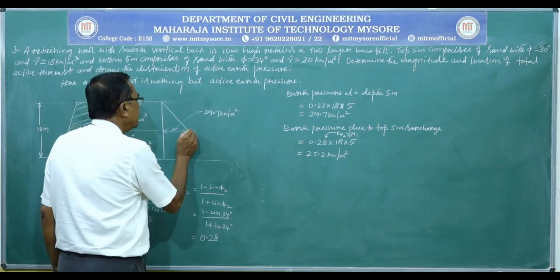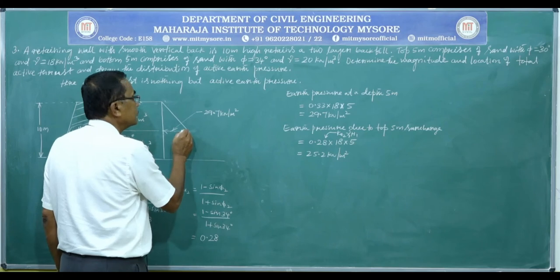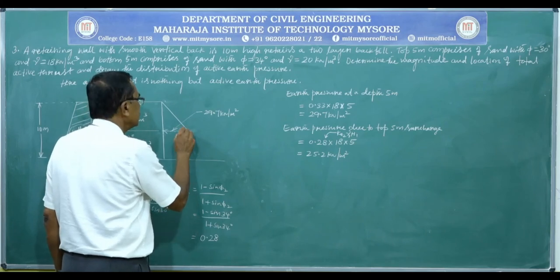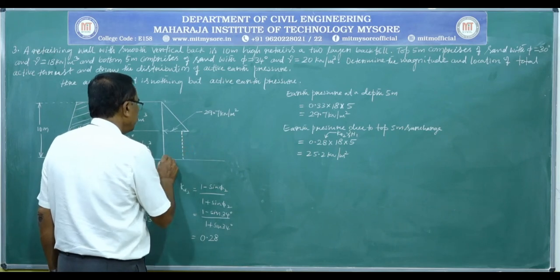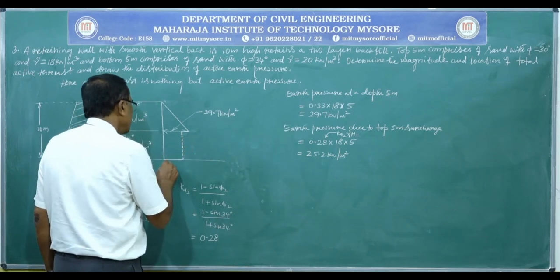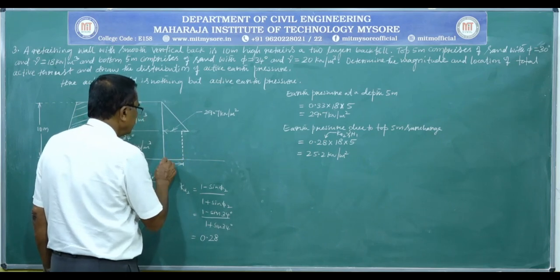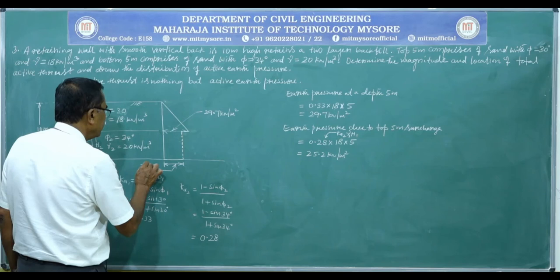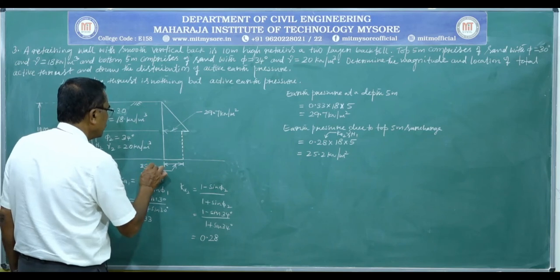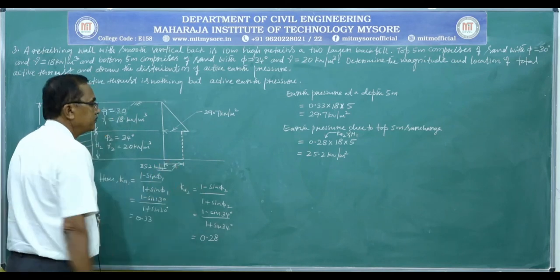So the earth pressure diagram will go back. So pressure at the base due to top surcharge is equal to 25.2 kilonewton per meter square.